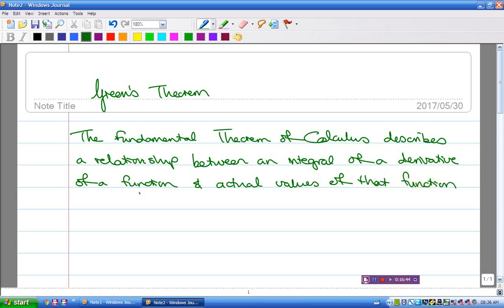And the primary result of the fundamental theorem of calculus looks something like this.